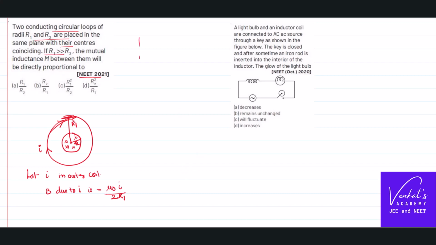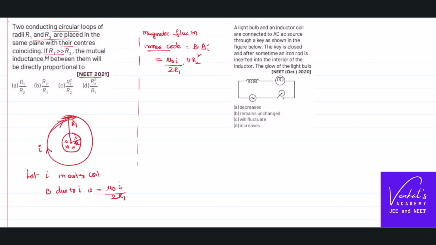So we can calculate the magnetic flux in the inner circle using the formula B dot A. B we already calculated, mu naught I by 2R1. As we are calculating the flux in the inner circle, the area of the inner circle has to be taken, that is pi R2 square. That's the magnetic flux generated, right?